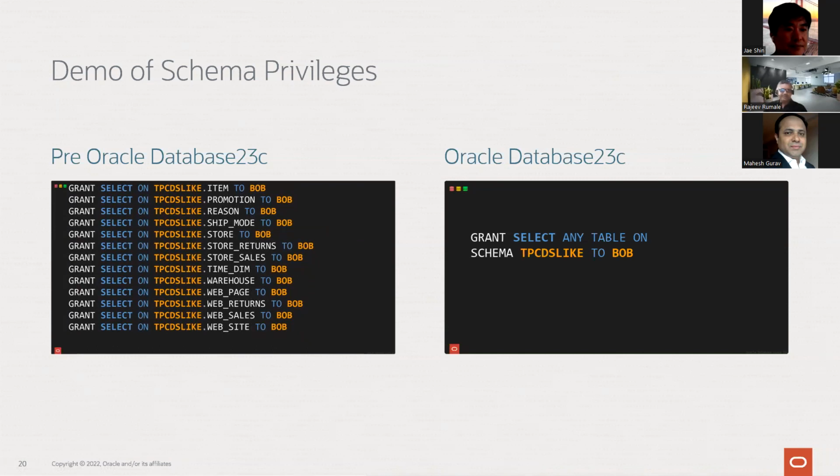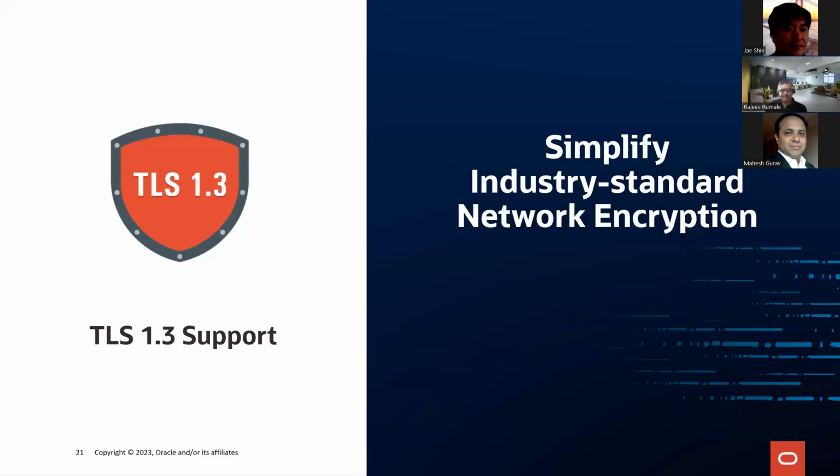So if a new object is created, you need to go back and give grants to all those users who need to have access to it, right? This becomes simple when you give that grant, like SELECT ANY TABLE on schema. So you no longer have to give SELECT ANY TABLE, which is a system privilege on the entire database, right? So this is more secure and easy to maintain and audit also now. It makes life much easier for DBAs, right? Especially in a multi-schema environment, right?